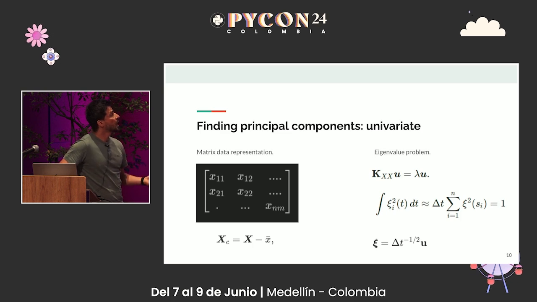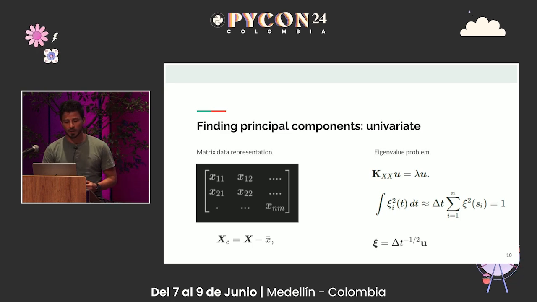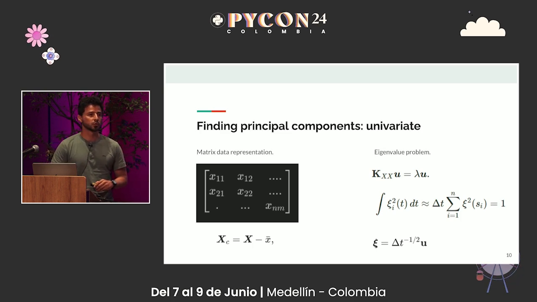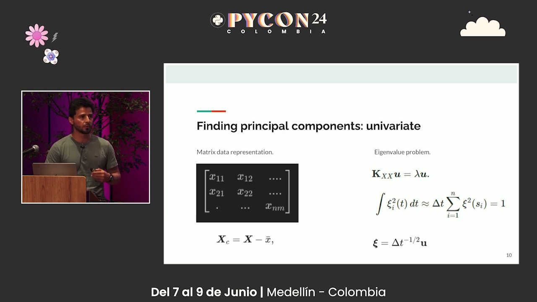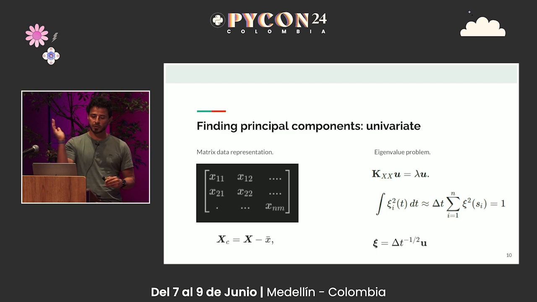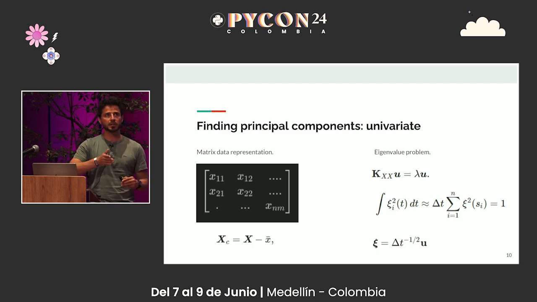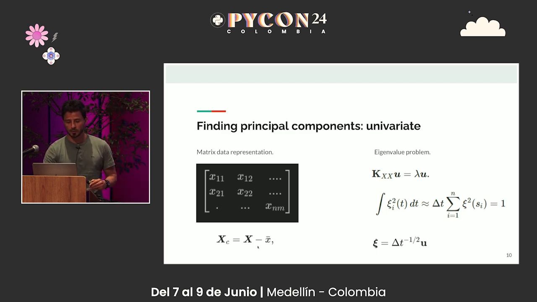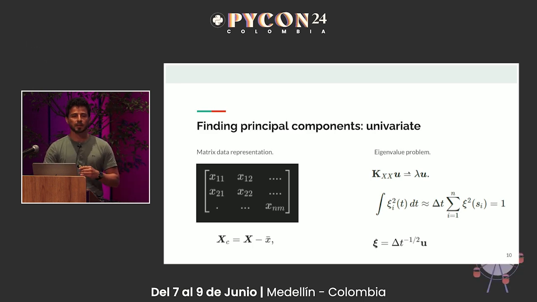So, having this approximation, the first thing that you have to do for the dimensionality reduction of your functional data set in one dimension is to subtract the average mean, the average curve, from the data set. Once you have that, you have to calculate this matrix KXX that represents the covariance matrix of your data set. And having that, you have to solve the eigenvalue problem for your matrix.